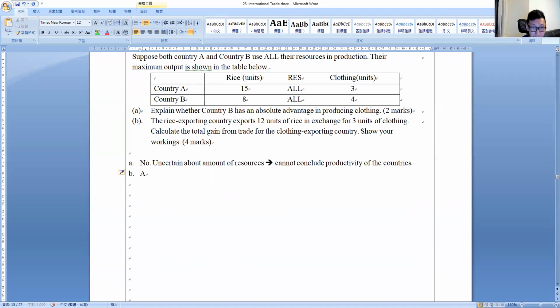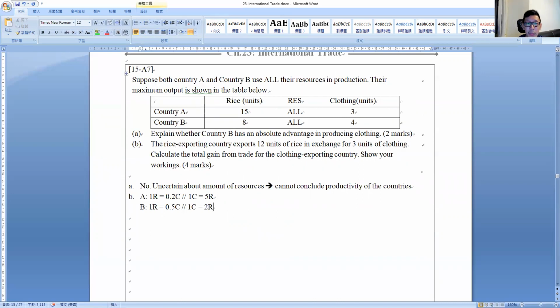Now here, remember country A, it would be 1R equals 0.2C, or 1C equals 5R. And country B, 1R equals 0.5C, or 1C equals 2R, right? So you will see, the rice exporting country exports this kind.